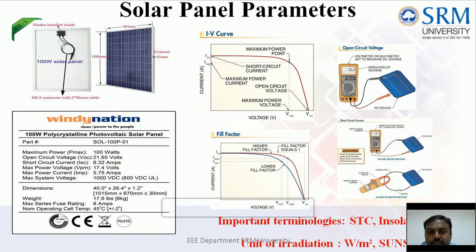But if you look deeply into the curve, when ISC is maximum, your voltage value is minimum. When your voltage value is maximum, your current value is minimum. So when you multiply the voltage and current values, you can find that only at the maximum power point, which is nothing but the product of VMP and IMP, you will get maximum power.